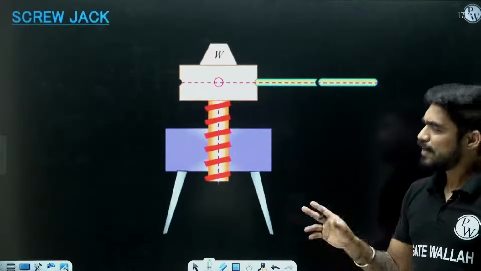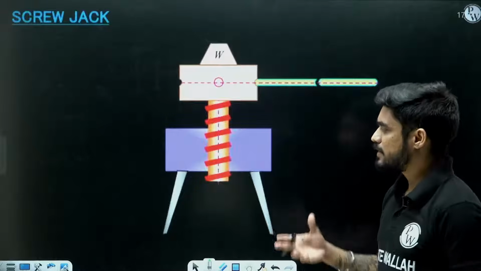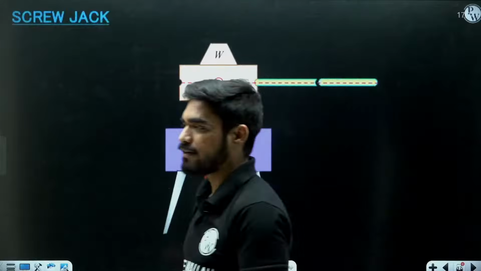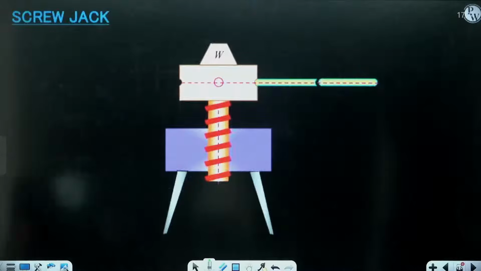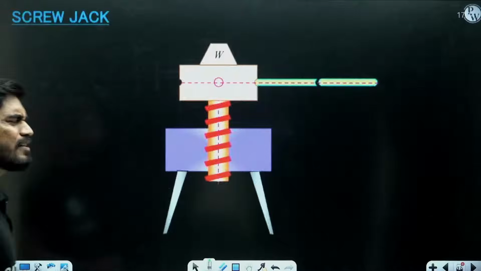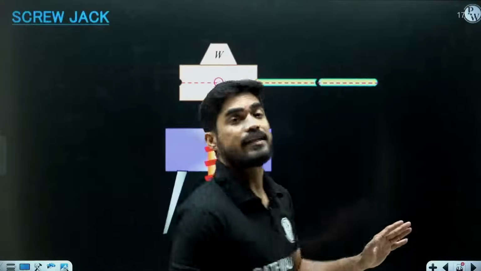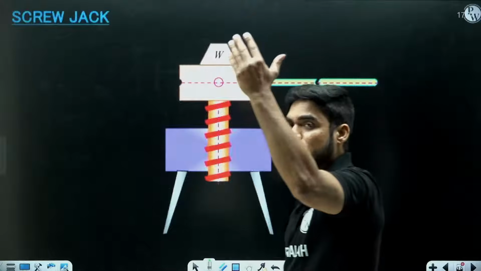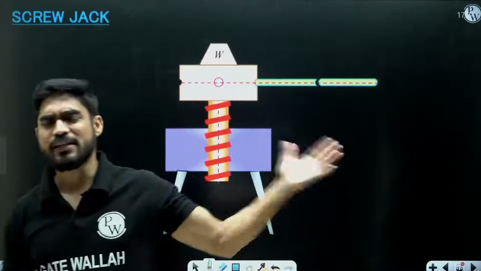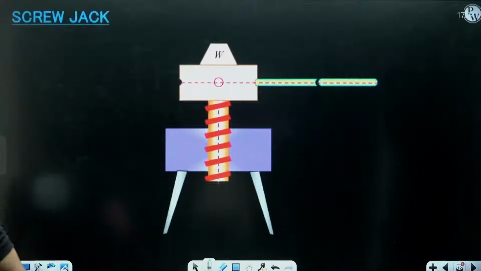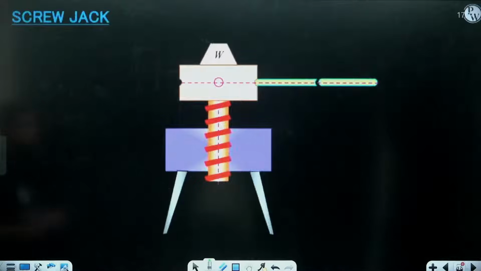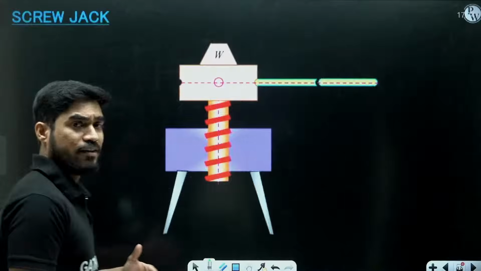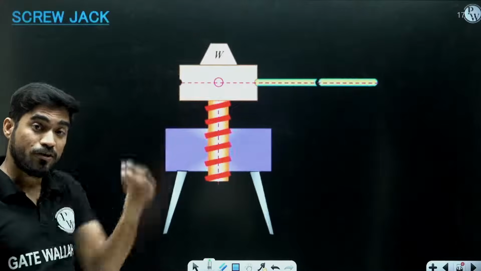Compared to wedges and pulleys, these are more sophisticated, more advanced. Here the effort required to lift heavy weight is reduced drastically. For example, in order to lift 1000 Newton, you will need only 10 Newton in case of screw jack. So the effort required to lift heavy weight is reduced that much from 1000 to 10.